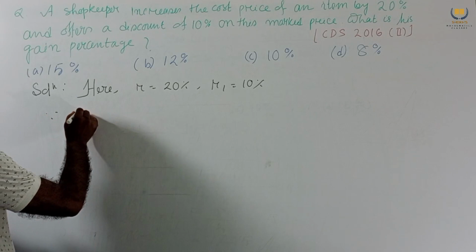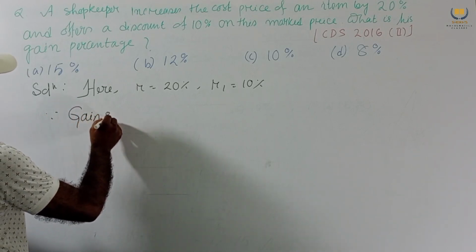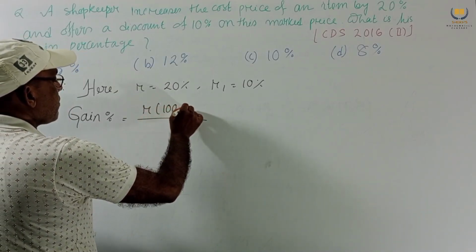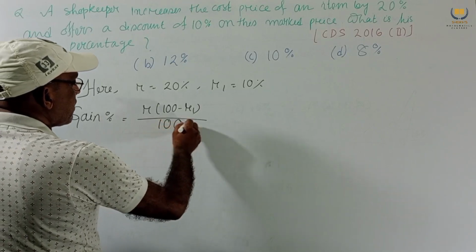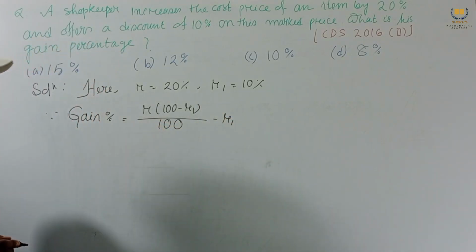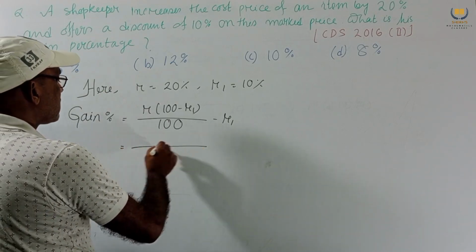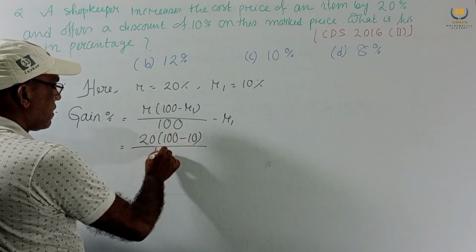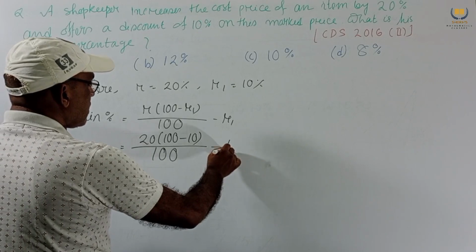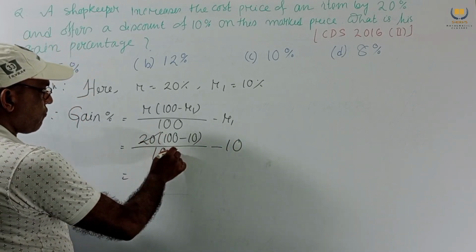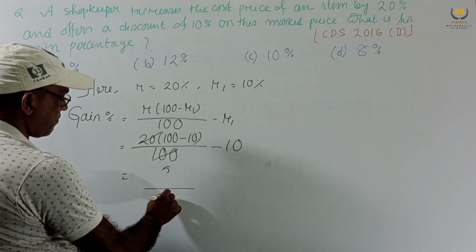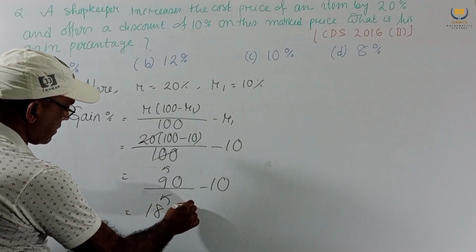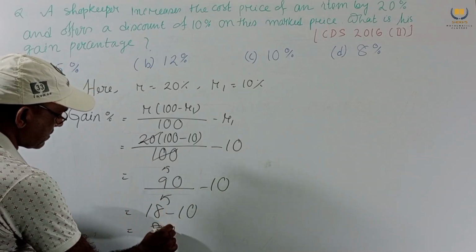Since gain percent equal to R into (100 minus R1) by (100 minus R1), putting the values, this is 20, 100 minus 10, this is 90, and 100 minus R1 is 90, this is 5, 90 minus 10, this is 18 minus 10, this one is 8%.